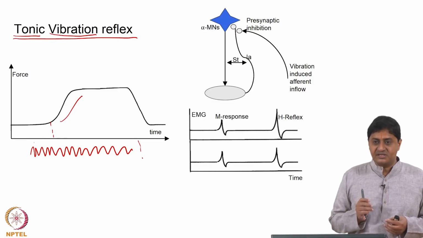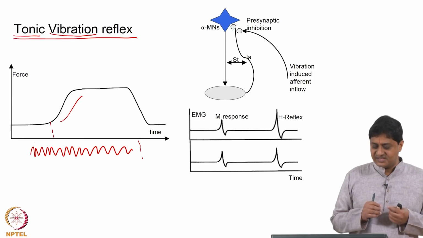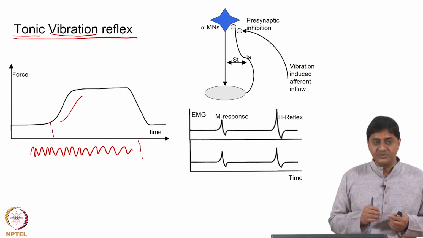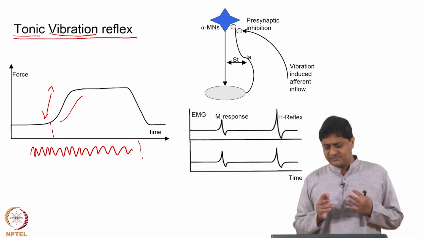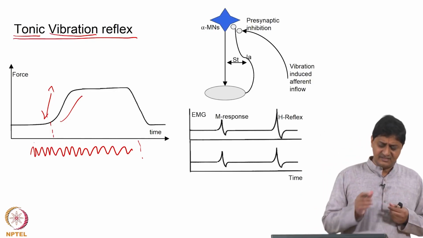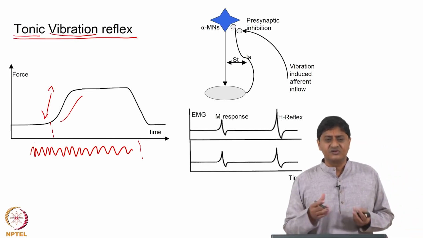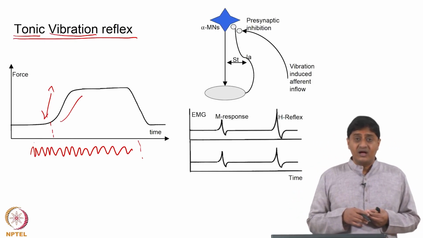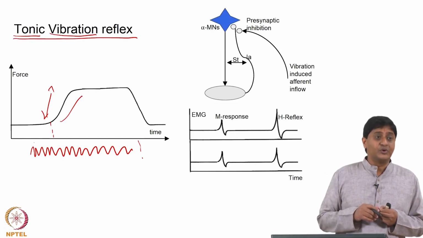If a vibration is applied, it turns out that the muscles contract and produce a force. By the way, an important difference between other reflexes and this reflex is that it is possible for me to suppress this, reduce the amplitude of this reflex, or even completely remove this by pure thinking.